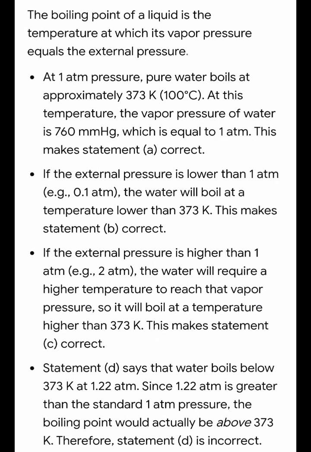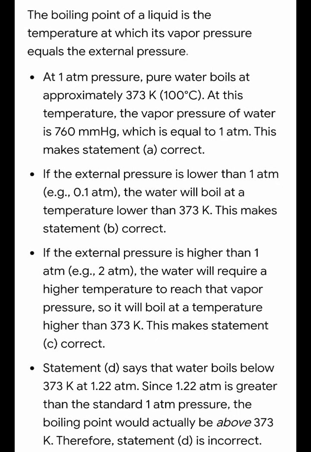If the external pressure is lower than 1 atm, then the water will boil at a temperature lower than 373 Kelvin. So option B is also a correct statement. Then if the external pressure is higher than 1 atm, then water will require a higher temperature to reach that water vapor pressure, so that it will boil at a temperature higher than 373 Kelvin. So option C is also a correct statement.